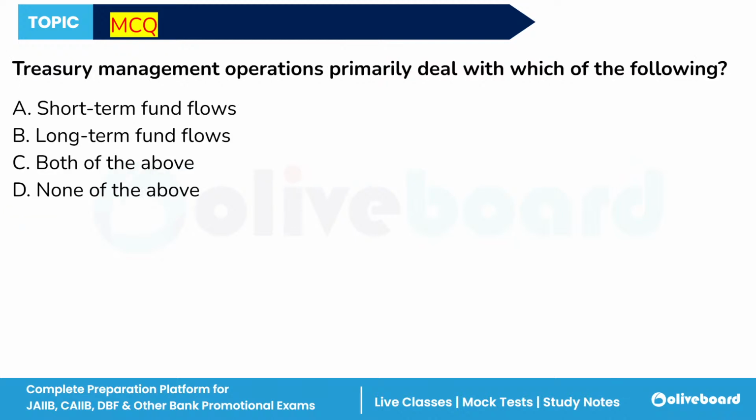Now, treasury management operations primarily deal with which of the following: short-term fund flows, long-term fund flows, both of them, or none of them? The correct answer is that treasury essentially deals with short-term funds.